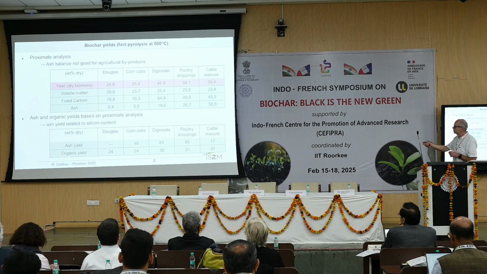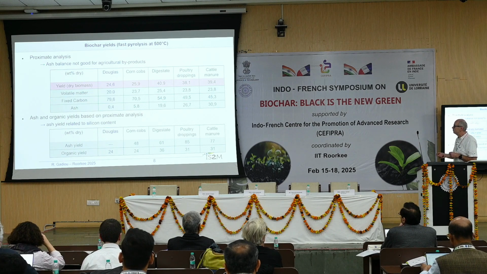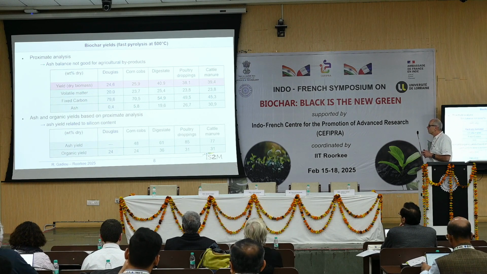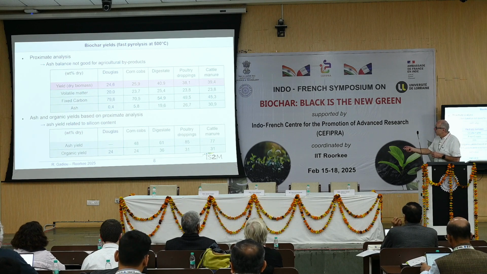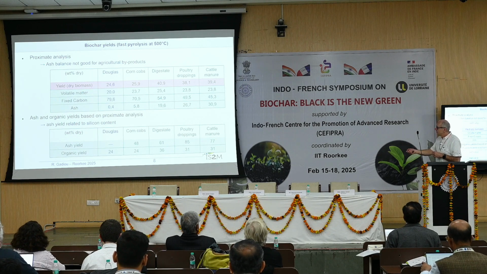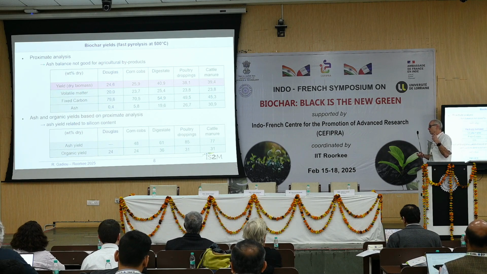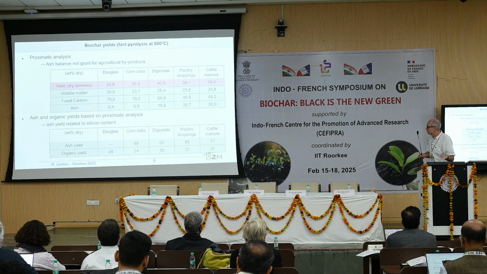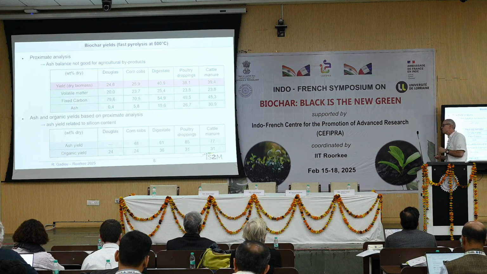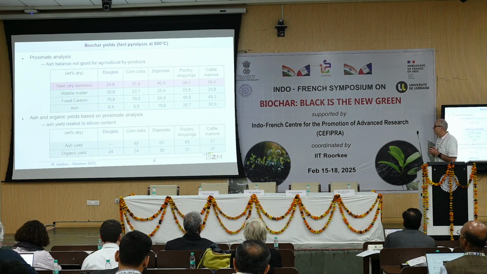If we assume that the proximate analysis that we have done here is good, we can calculate that for all these materials, the ash yield, the ratio between the ash we observed in the biochar and the ash we had in the pristine material, is strongly different depending on the material.